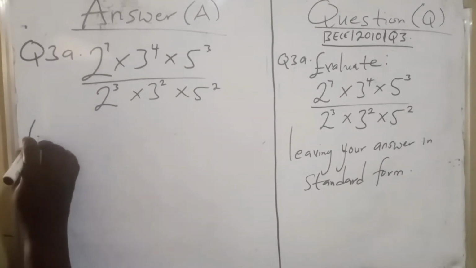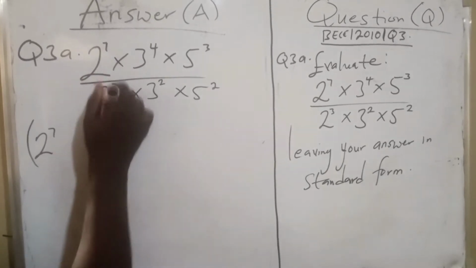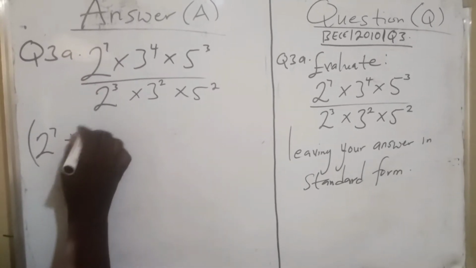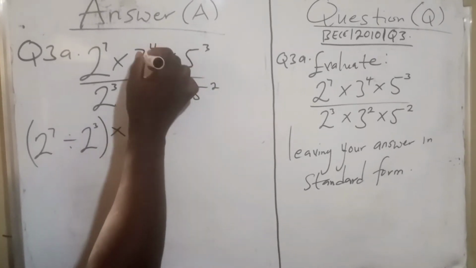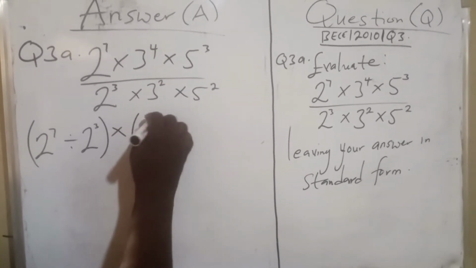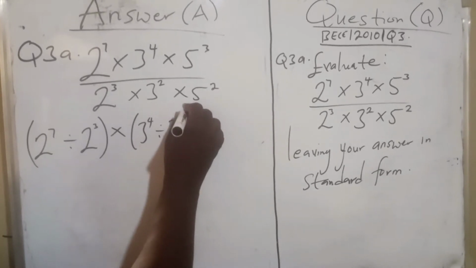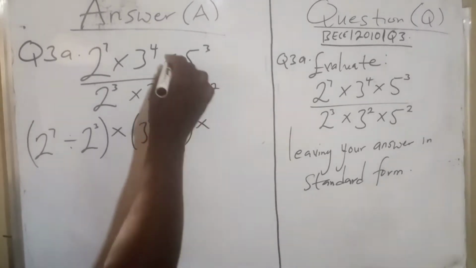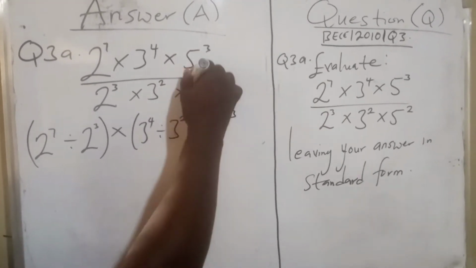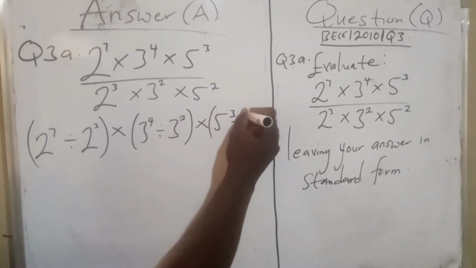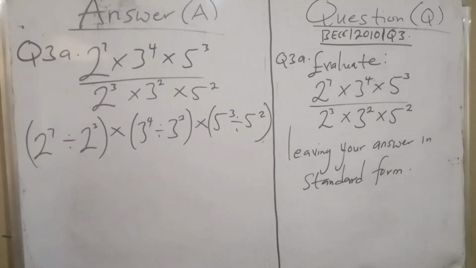This can be written as 2 exponent 7, the over is the same as divided by 2 exponent 3, multiplied by 3 exponent 4, divided by 3 exponent 2, times 5 exponent 3, divided by 5 exponent 2. So this is another way we can write the question.